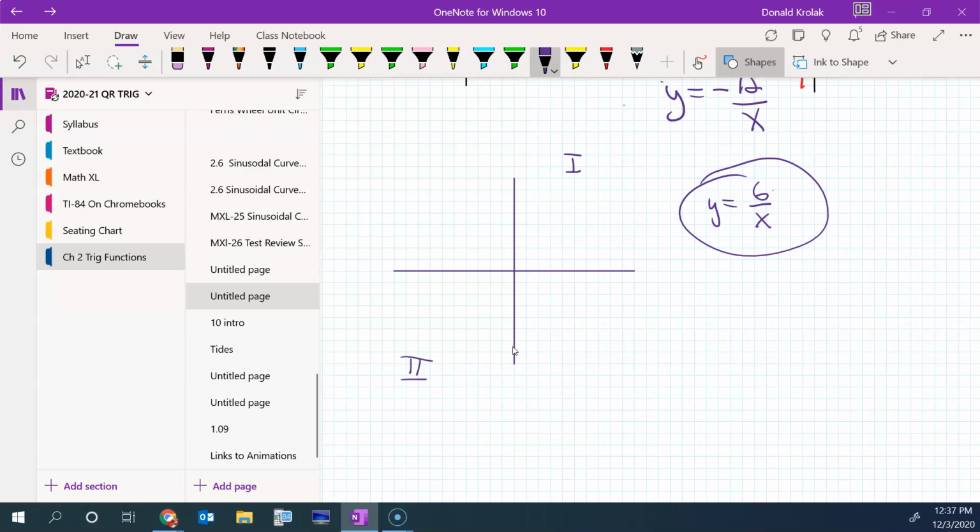So I know 1 and 6 would be on there. That gives me an idea. And then 6 and 1 is going to be on there. And then I know 2 times 3 is going to be on there. So that's enough points to get the general shape of it.